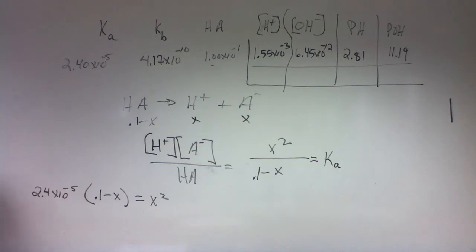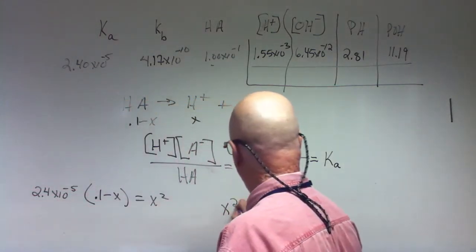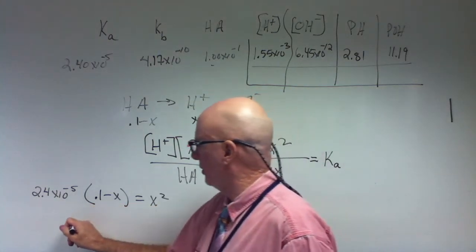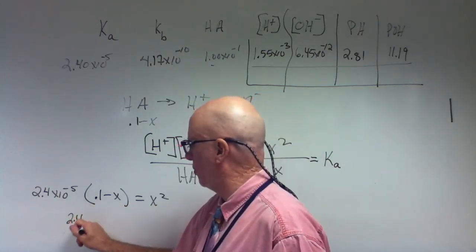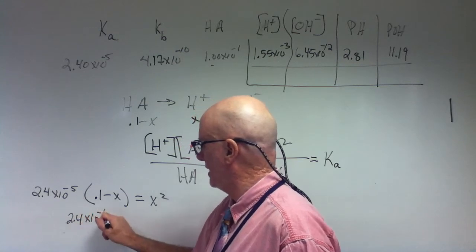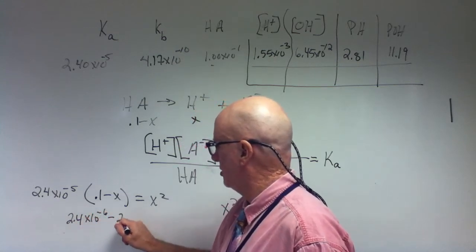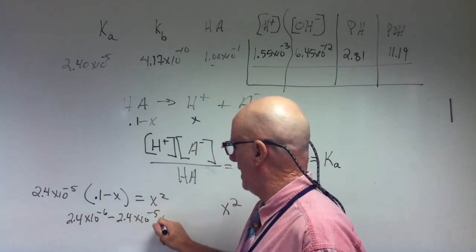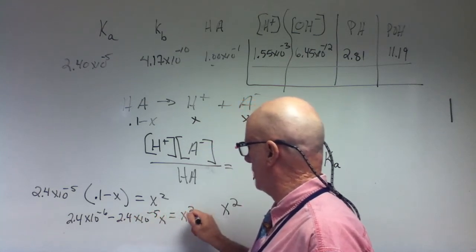Okay? So then we're going to say x squared, this is going to run through. So this is going to be 2.4 times 10 to the negative 6 minus 2.4 times 10 to the minus 5 x equals x squared, correct?